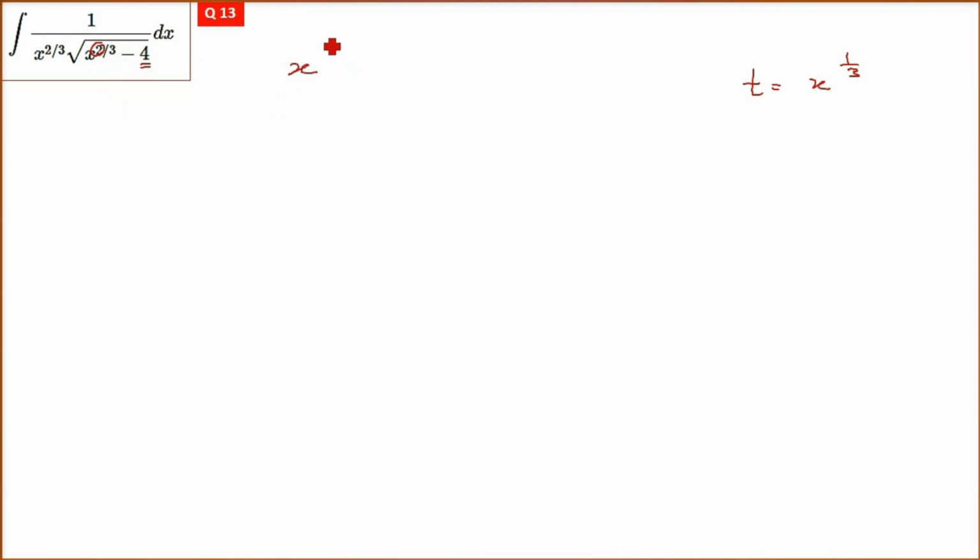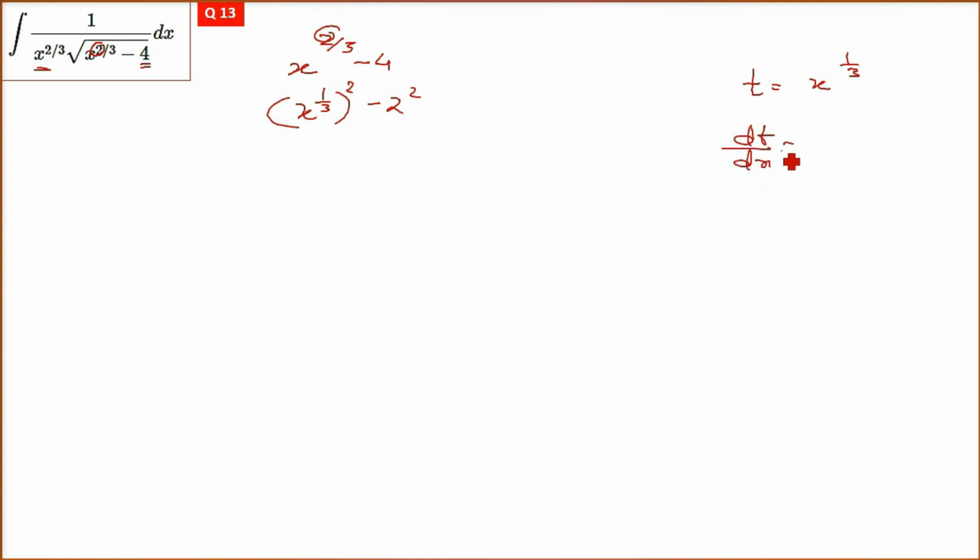So this x to the 2 by 3 minus 4 can be written as x to the 1 by 3 to the power 2, minus 2 square. This is what we wanted, x square minus a square. So the formula, if we take this x raised to 1 by 3, then it will be squared. That's why we have taken t equals x to the power 1 by 3.